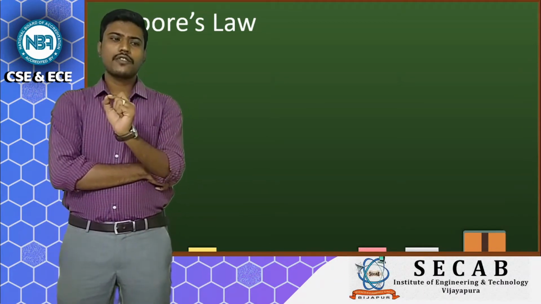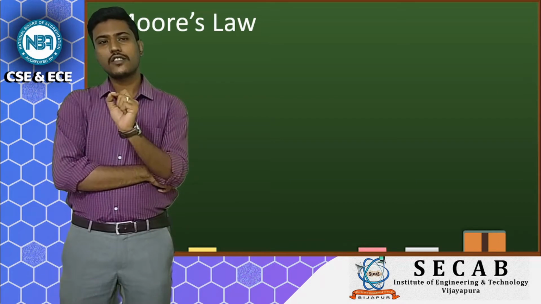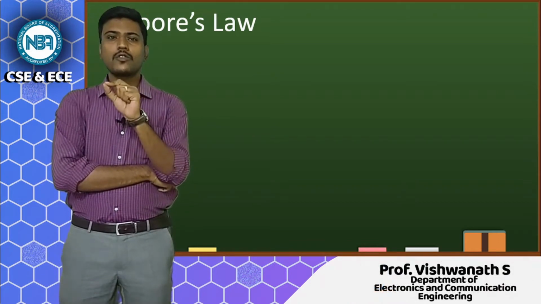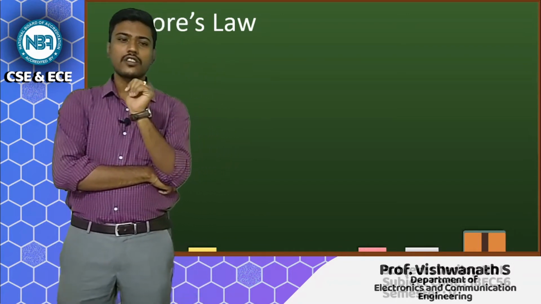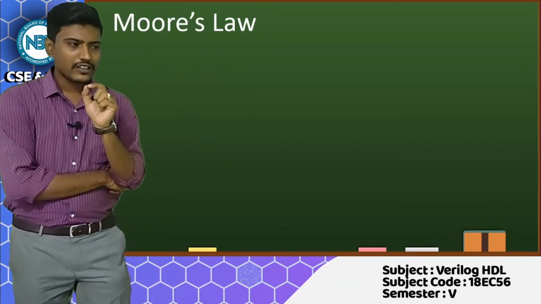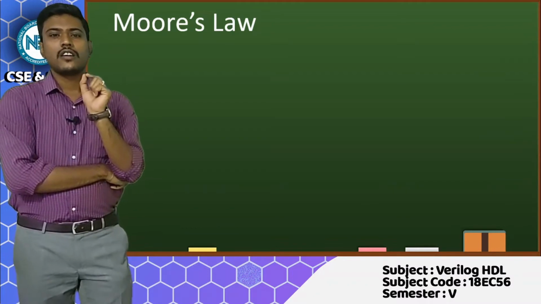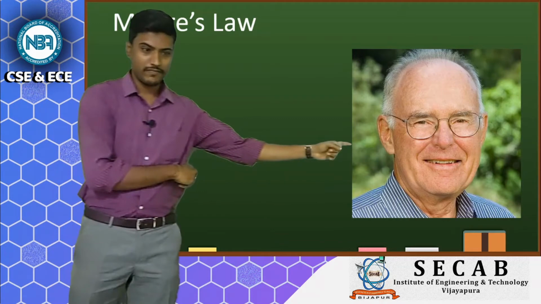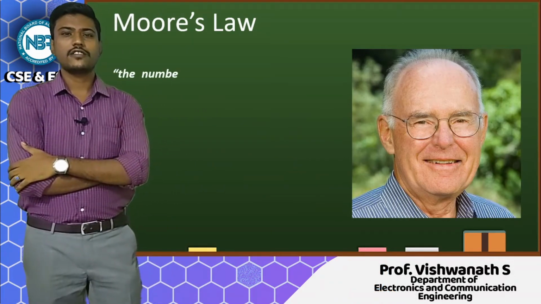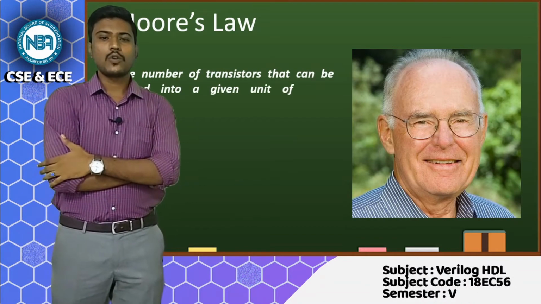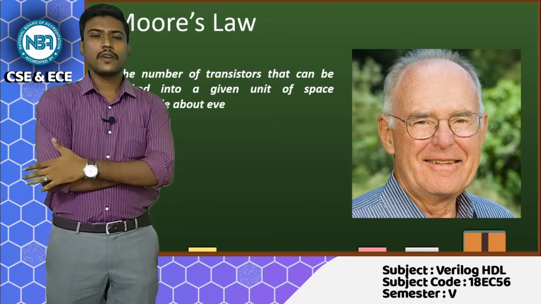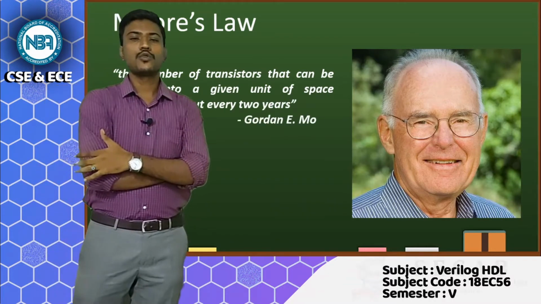Once the MOSFET came into existence, they came to know that the device can be shrunk. This was observed by a famous scientist, the person who founded Intel. What did he say? He said that the number of transistors that can be packed into a given unit of space will double every 2 years.